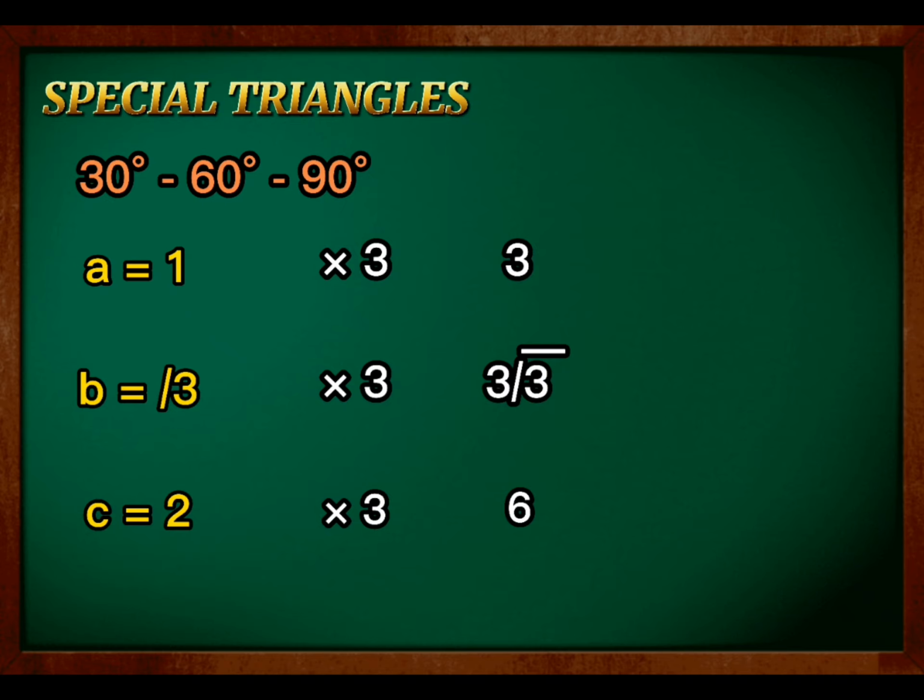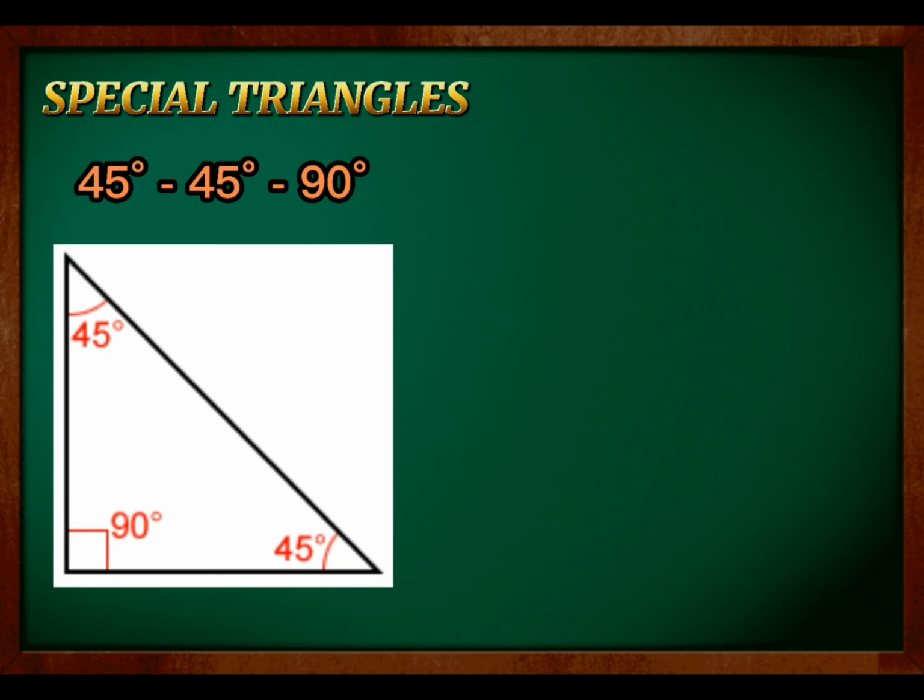Now let's proceed to the 45, 45, 90 triangle, or the right isosceles triangle. This is the right triangle with angles that measure 45 degrees. In a right isosceles triangle, both sides opposite the hypotenuse are always congruent or equal. That makes the fixed measurement of this special triangle 1 for both sides and square root of 2 for the hypotenuse.